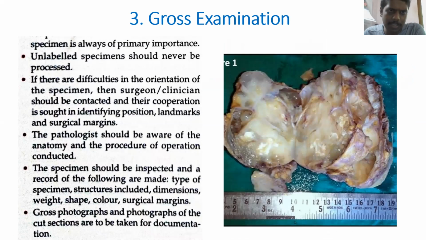After receiving the specimen, the first and foremost thing we need to do is physically examine the specimen for gross features such as weight, color, dimensions, surgical margins, associated structures, and also the cut surface description. Then we will take a photograph of this particular biopsy specimen, and we will proceed for further investigations.